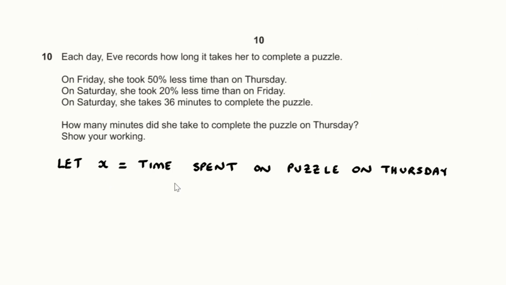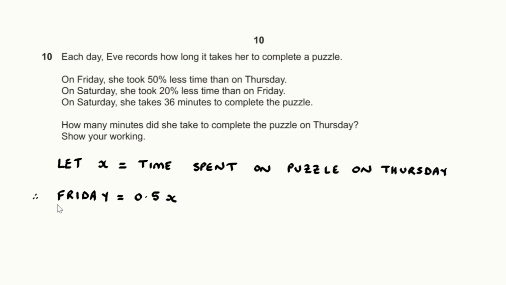Well, if we let x equal the time spent on the puzzle on Thursday, then on Friday she took 50% less time than she did on Thursday. So on Friday, the time she has is equal to 0.5x.